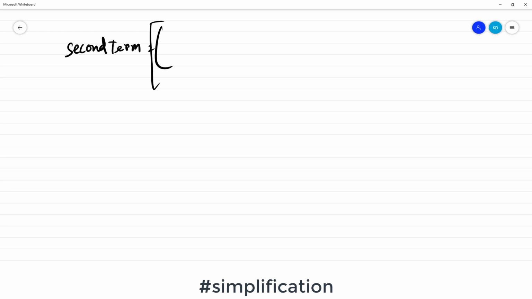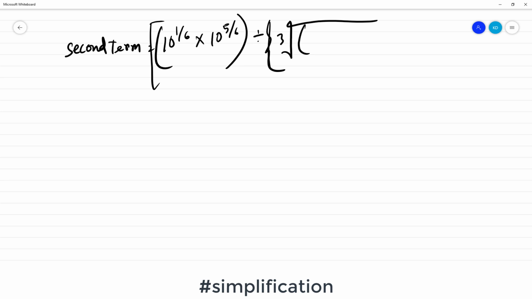This is the box bracket, first bracket open, and this is 10 to the power 1 by 6 into 10 to the power 5 by 6, bracket close, divided by this braces bracket, cube root, bracket open, 5 to the power 5 to 5 square, and minus 3 here, and this one minus 1. So okay, now this is our second term.